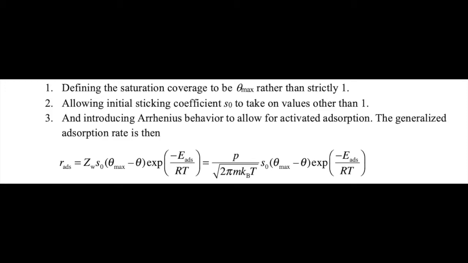The generalized rate, therefore, becomes the rate of adsorption is equal to the impingement rate times the initial sticking coefficient on an empty site. We have to account for the coverage dependence and then allow for the possibility of activated adsorption, which will introduce a temperature dependence to the rate as an addition from that activation barrier.